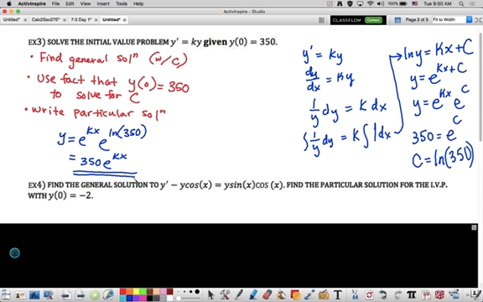Do those steps make sense? If not, make sure you ask a question. Your particular solution is what you get given the initial value. If you start at x equal to 0, this is the curve that is a solution to this initial value problem.